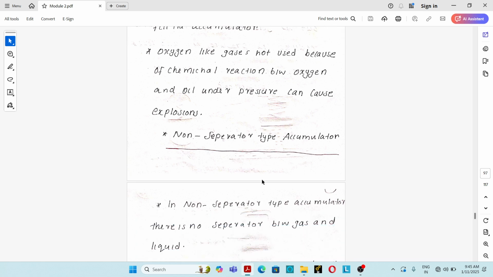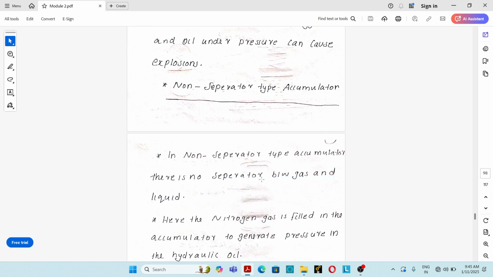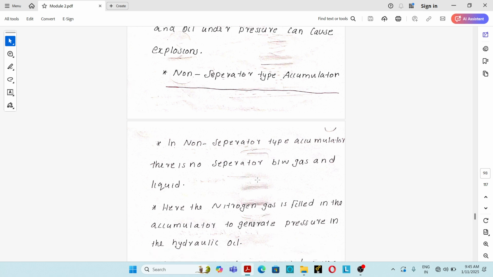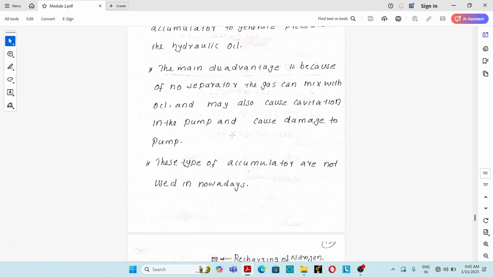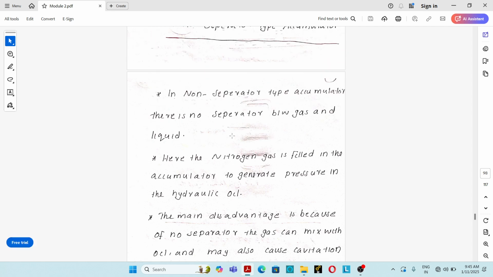There are two types of gas loaded accumulator: non-separate type accumulator and separate type accumulator. This is the figure of the non-separate type accumulator. In the non-separate type accumulator, there is no separation between the gas and the liquid.